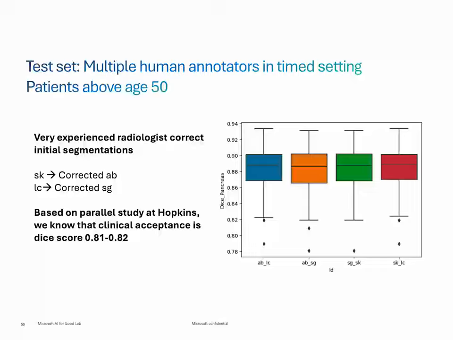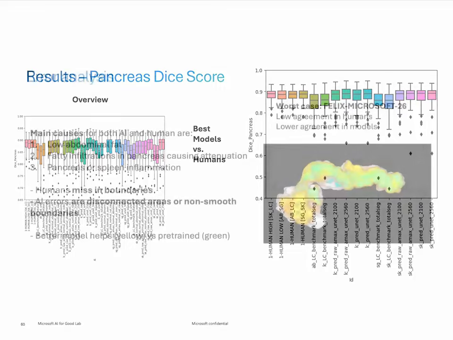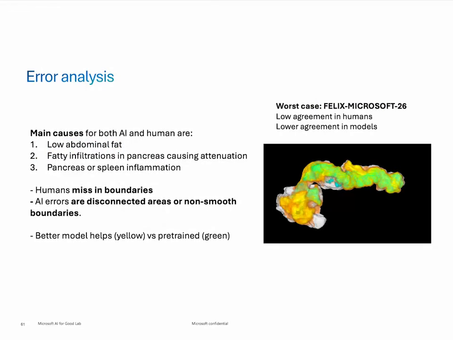Even when it looks perfect, it still will vary from person to person. And these are people with lots of experience. When you look at the DICE score versus the modeling, you could see that in better than 95% of cases, the computer was equal to a radiologist or a trained technologist.